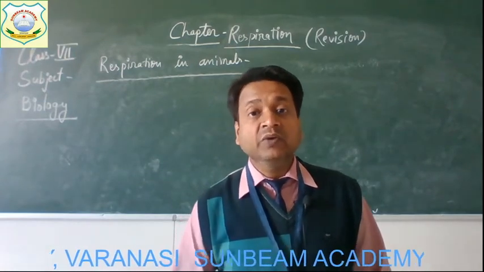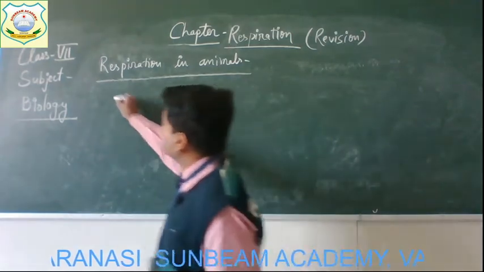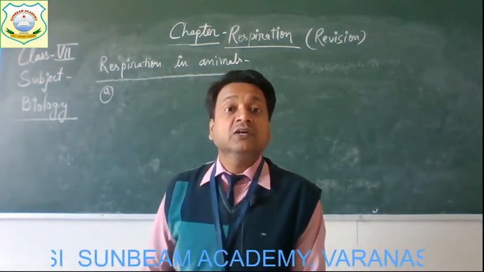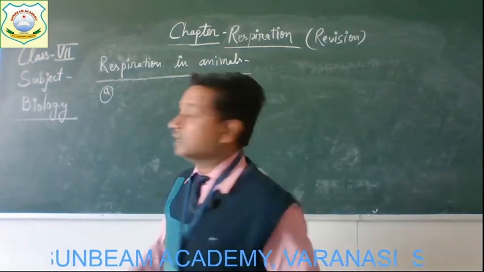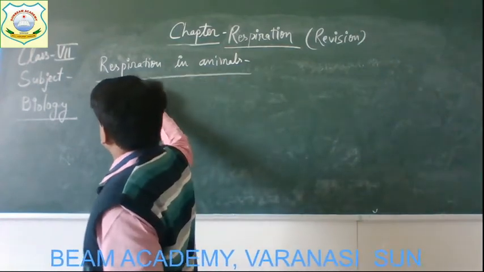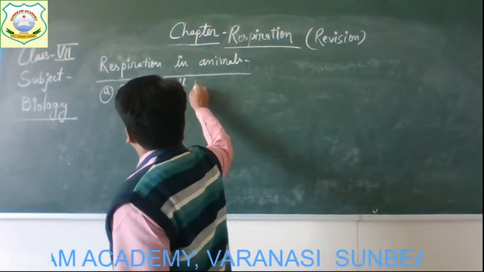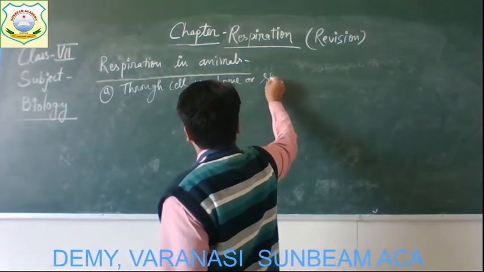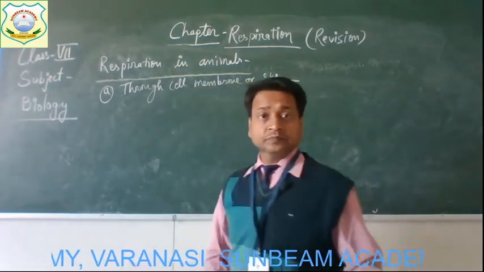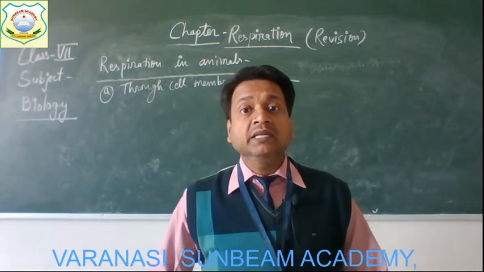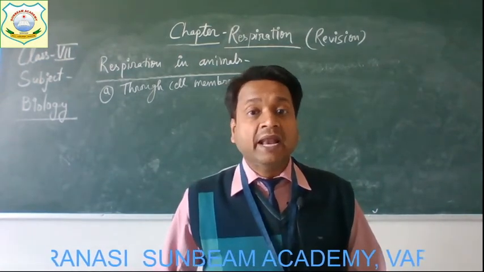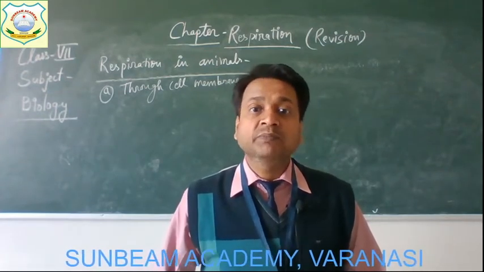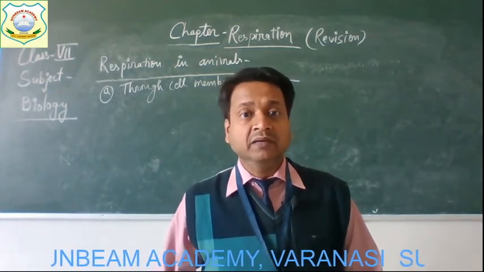Some of these ways are, first, some animals exchange gases through the cell membrane or skin. In unicellular organisms such as amoeba and paramecia, they exchange gases by diffusion through the cell membrane.